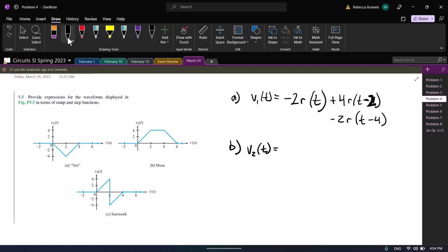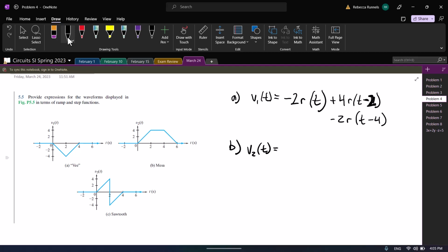All right, so for B, wait, can we go back to A? I'm just so confused on this negative 2R and then the 4R, how I got those? Okay, so the negative 2 r of t tells us, and we don't have anything happening before 0.